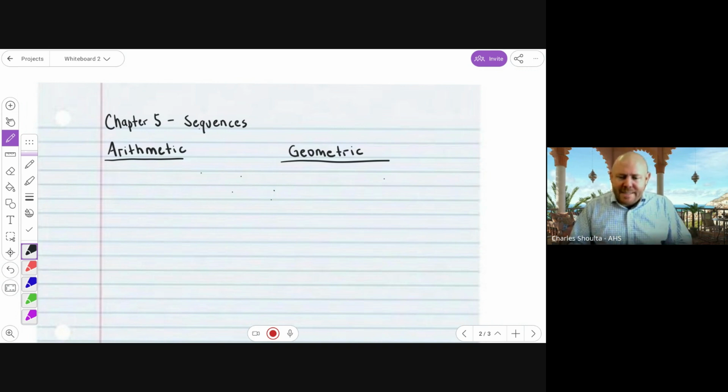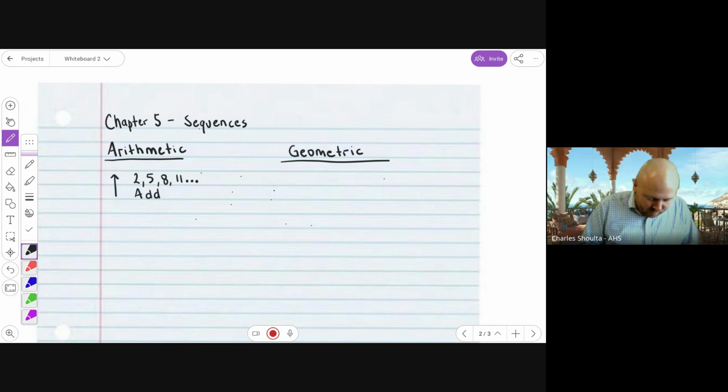An arithmetic sequence: if the sequence gets larger, so if the numbers are going up, for instance 2, 5, 8, 11, then what we would be doing is adding. If we graphed it, it would look like this, things that we've been dealing with all year.